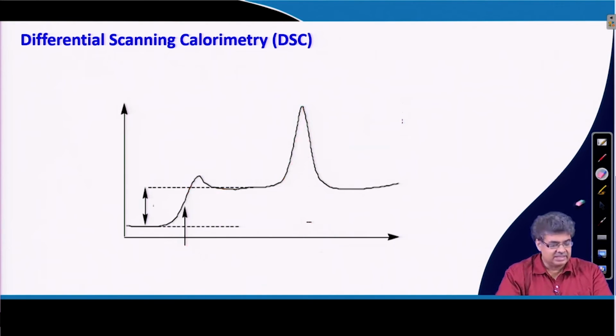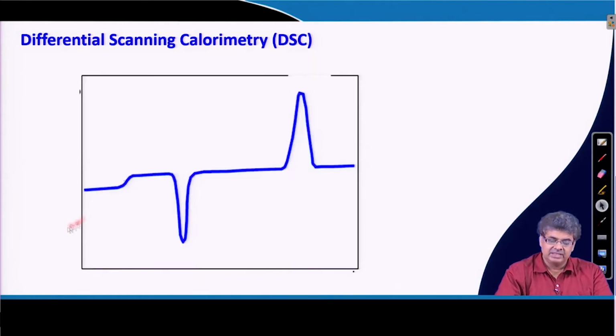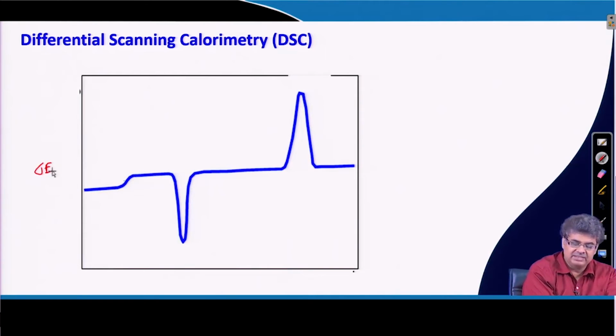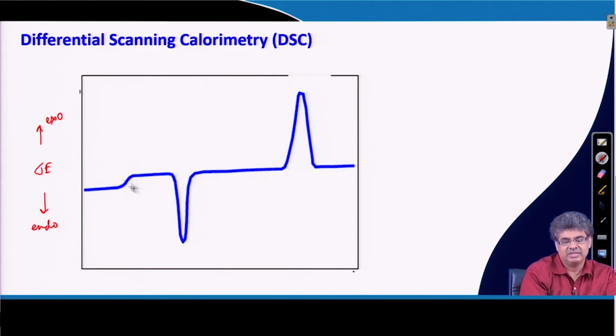Now, there is another possibility. In this case we are plotting delta E, and this side is endo and this side is exo. So, any exothermic transitions will go this way.